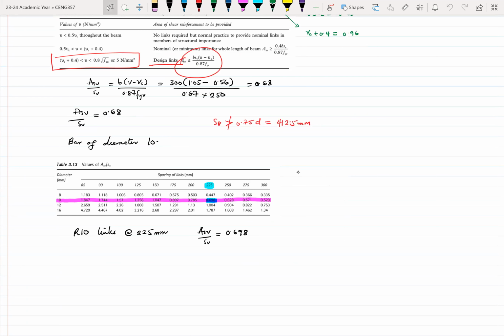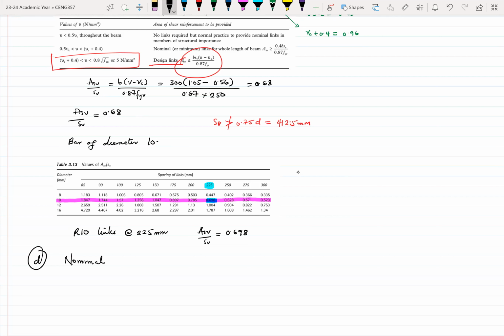So before we go there, let me just add a last bit of it. Let's do the nominal links.